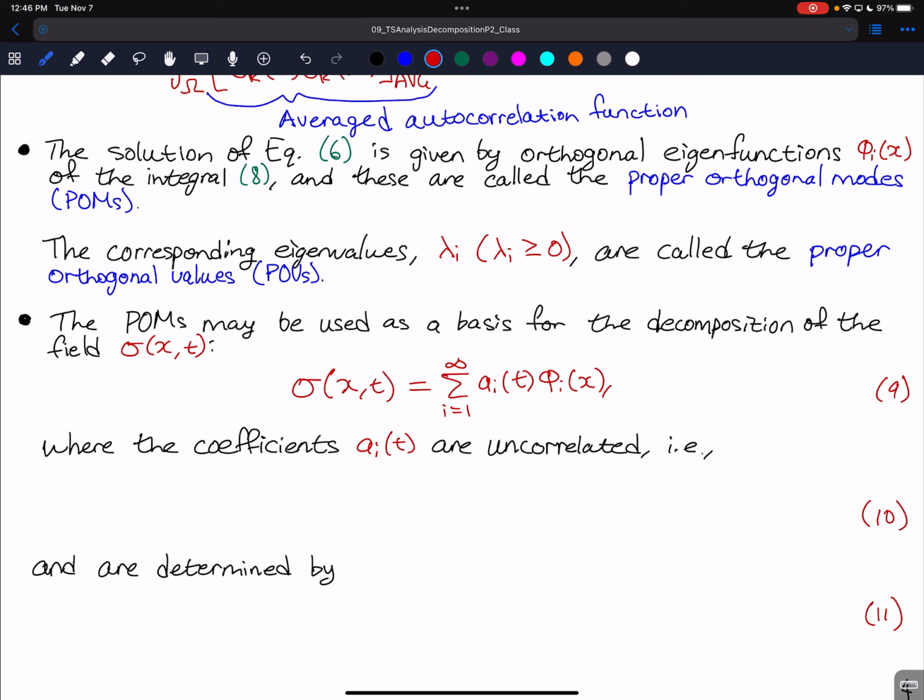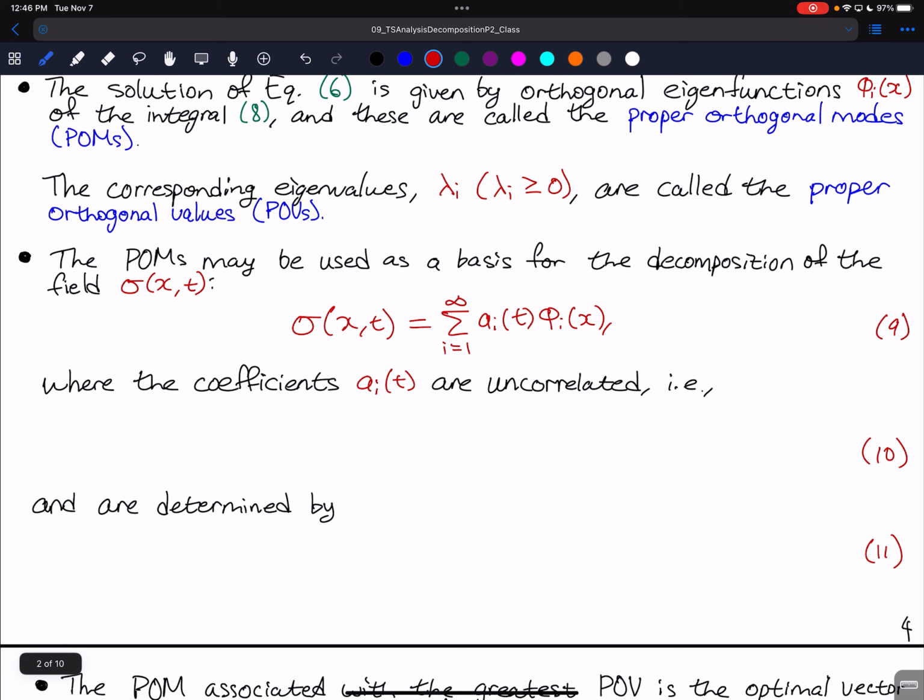These coefficients a_i of t are going to be uncorrelated, and what that means is that if we compute the ensemble average of a_i of t times a_j of t, this will be equal to delta_ij times lambda_i, where delta_ij is the Kronecker delta, which is equal to 1 if i is equal to j, and 0 if i is not equal to j.